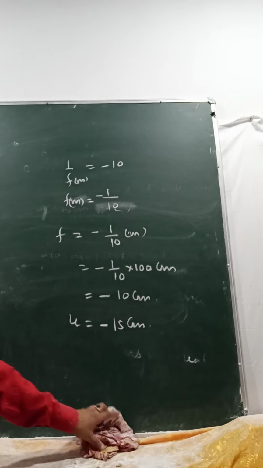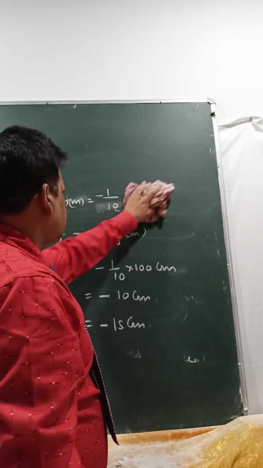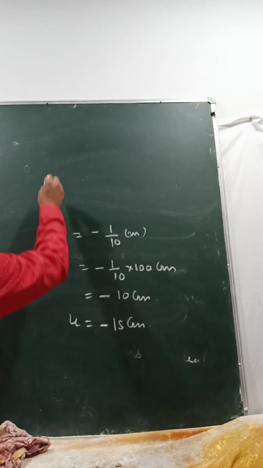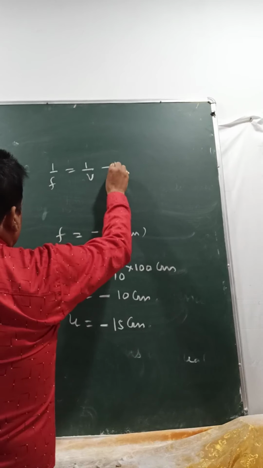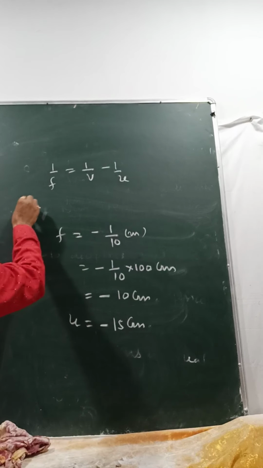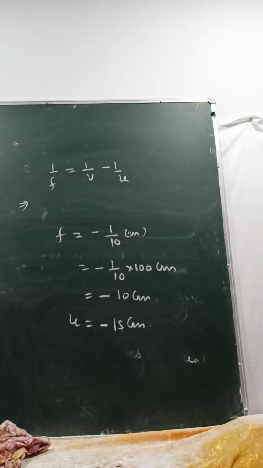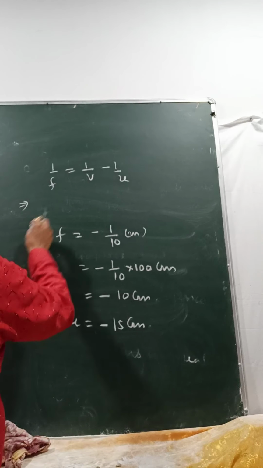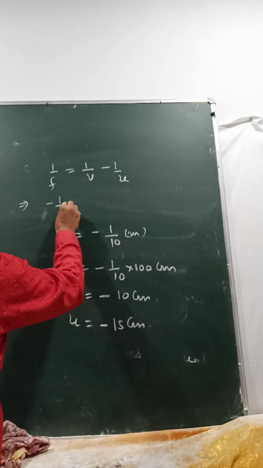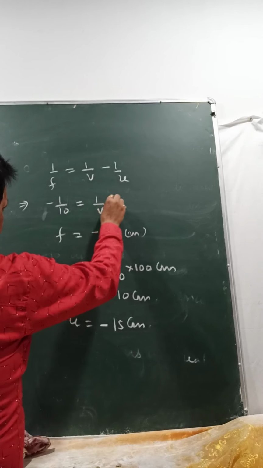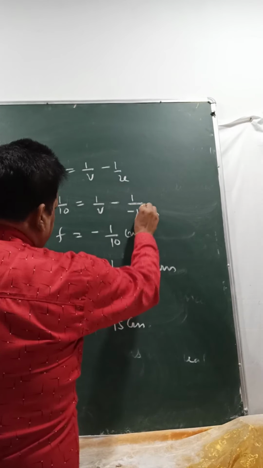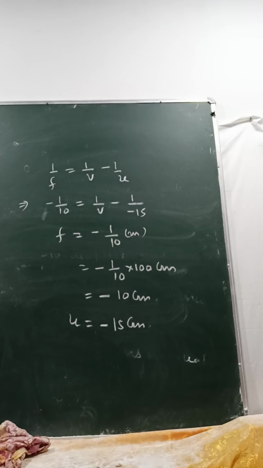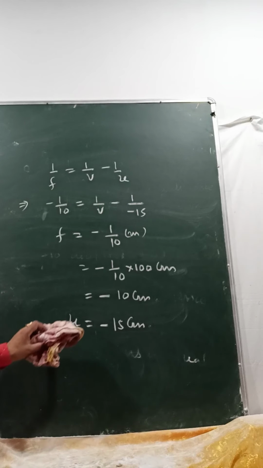Let's put it in the formula, 1 by f equals 1 by v minus 1 by u. So minus 1 by 10 equals 1 by v minus 1 by minus 15.